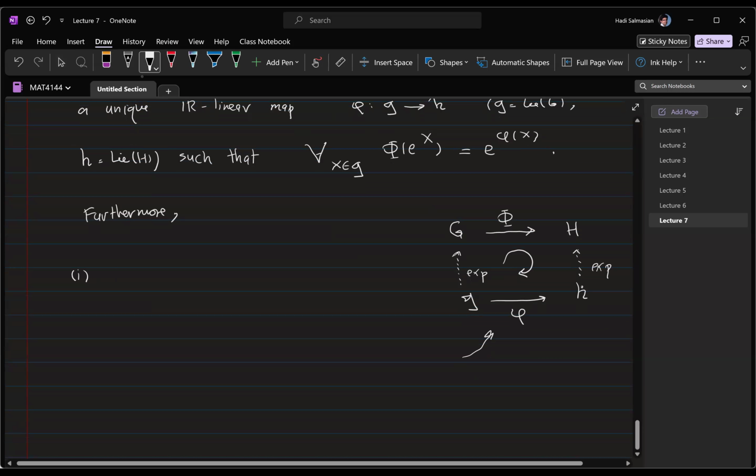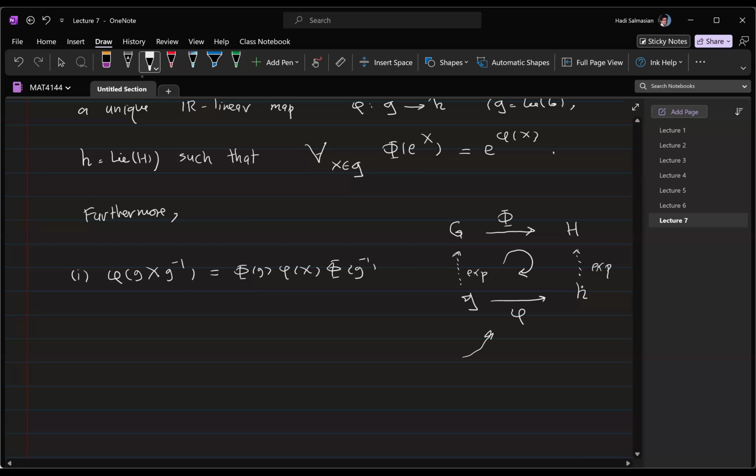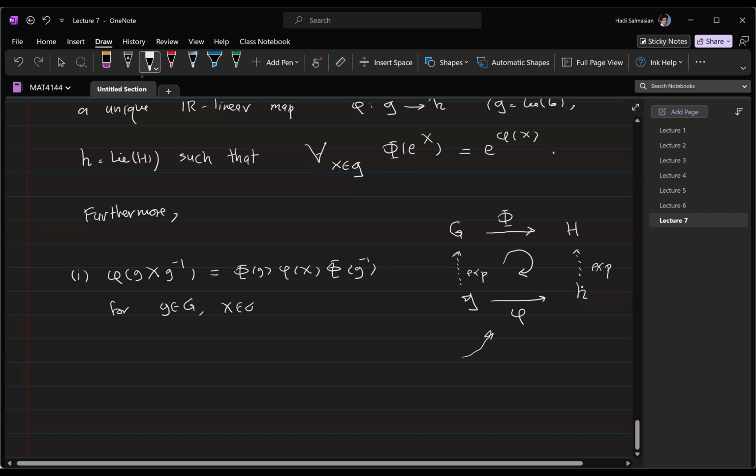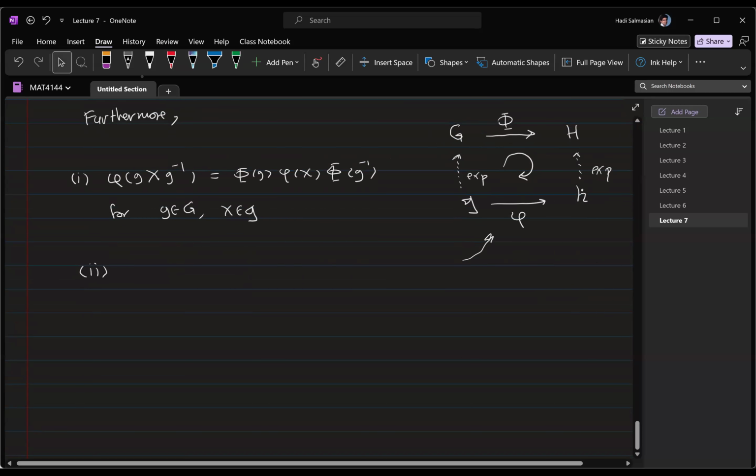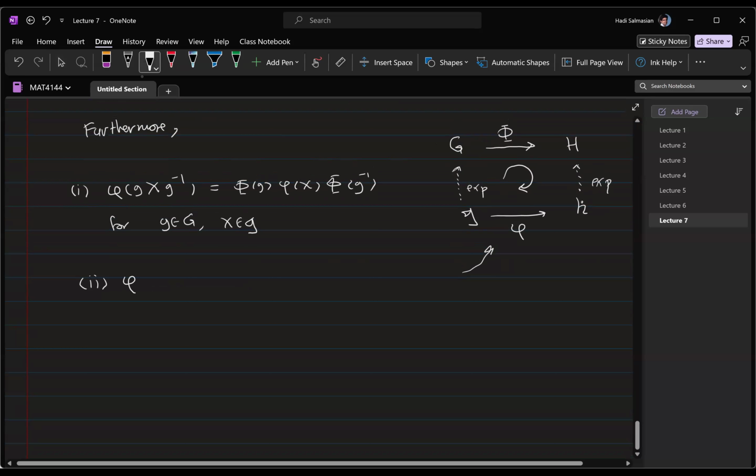this map phi is conjugation invariant. So capital phi of g x g inverse equals capital phi of g, little phi of x, capital phi of g inverse, for g in G and x in little g. Little phi of the bracket of x, y equals the bracket of phi x, phi y.